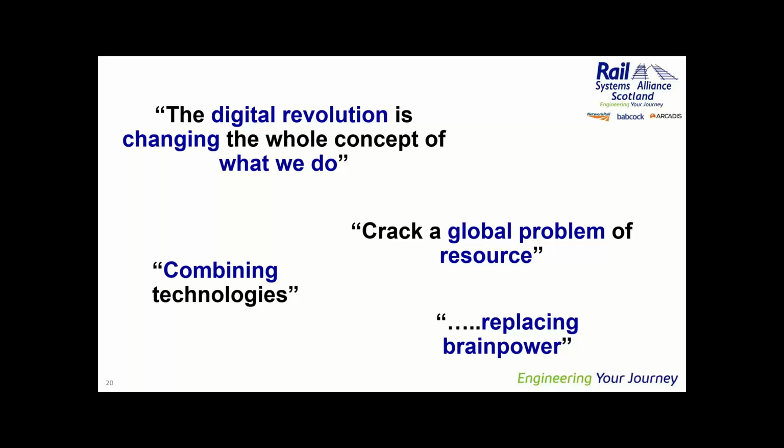So it's no longer down to one person and one person's mind to crack a problem, and we can start to use things like automation and digital technologies to deliver better design solutions, automated design solutions, and also to deliver things like transport as a service and automated vehicles, all that kind of thing. The digital environment will influence all of that.